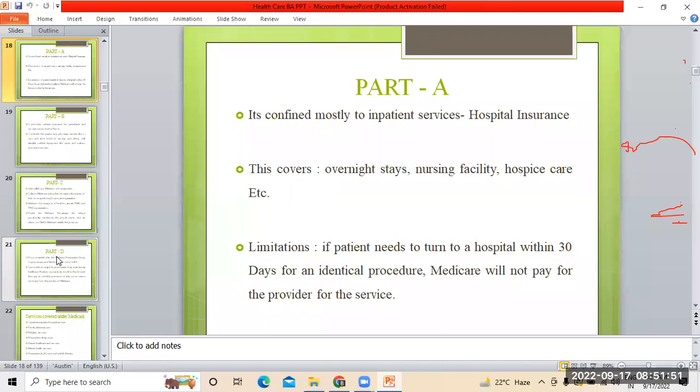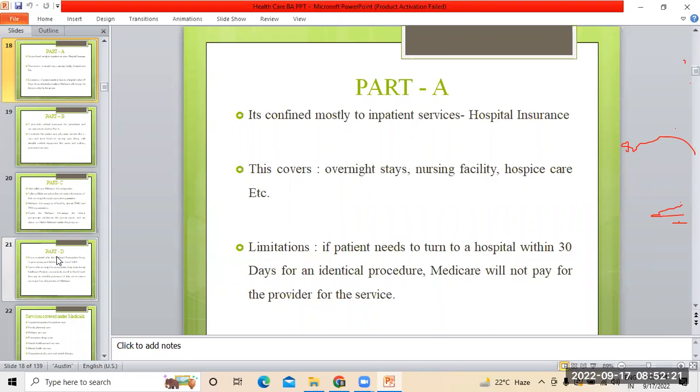Whatever the expenses, they will be covered under the medical insurance. But there is a provision: if a person is readmitted within 30 days with the same identical procedure, this insurance claim will not be applicable. This is a limitation, I can say.